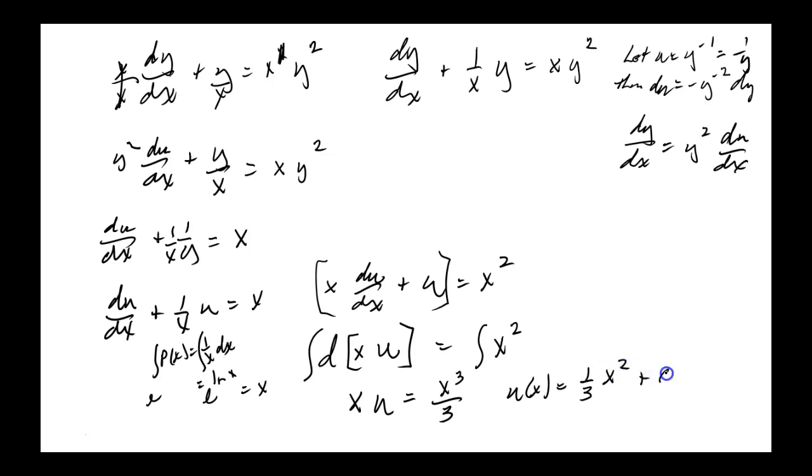And let's go on and put in our plus c here. I probably waited too late to put it in, but I don't think it really matters too much on this problem. Now, what is our u? It's 1 over y. So 1 over y is equal to 1/3 x squared plus c.